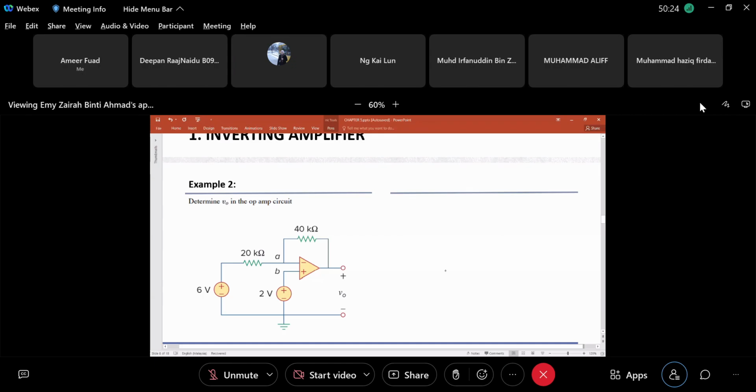So, did you get the answer? Let me know who has finished. Tell me your answer, before we proceed to our second part, which is the non-inverting amplifier.